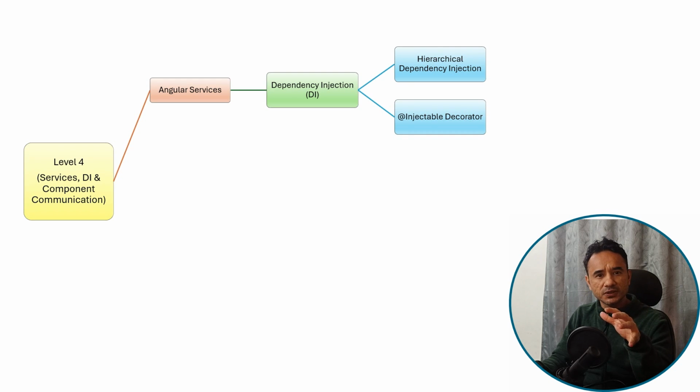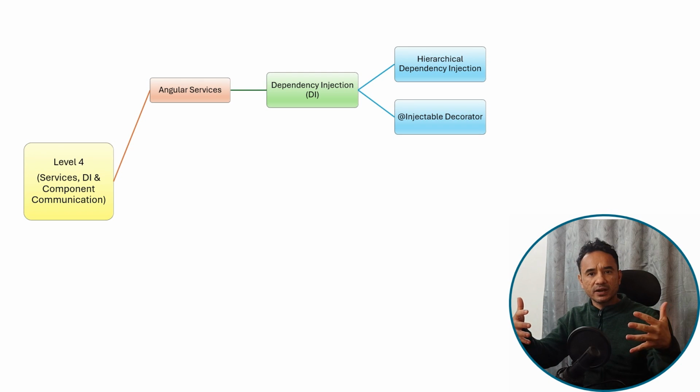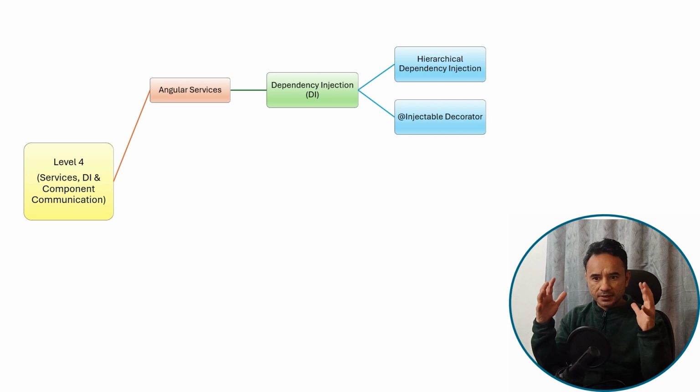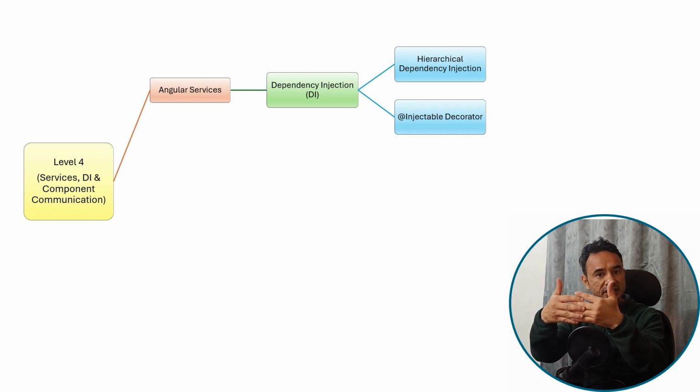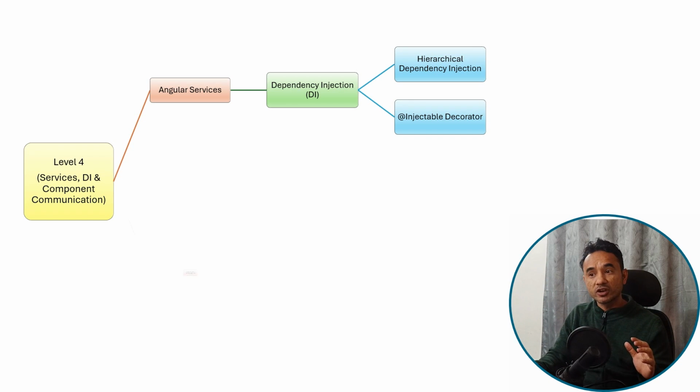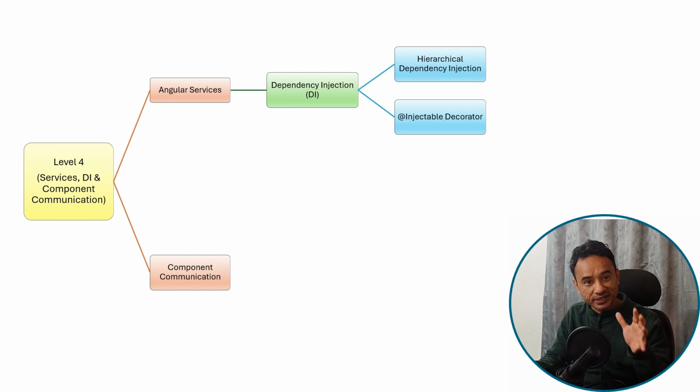Now once your Angular application's multiple components are ready, and you injected the services in them, then if those multiple components want to share something with each other, for that we have the component communication concept in Angular.